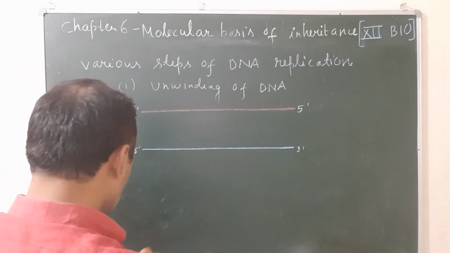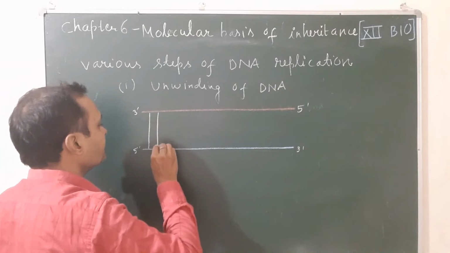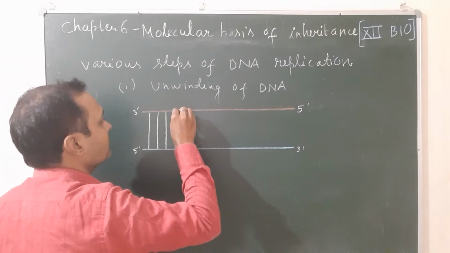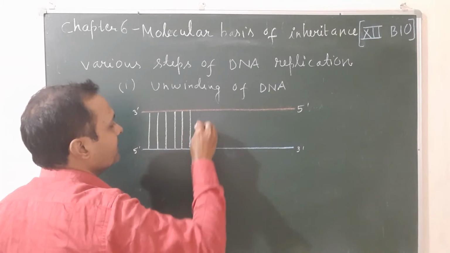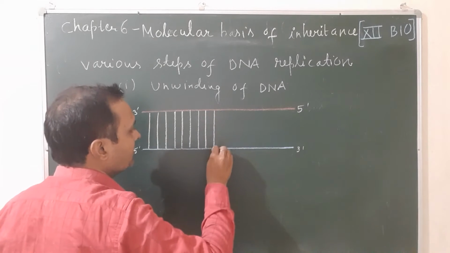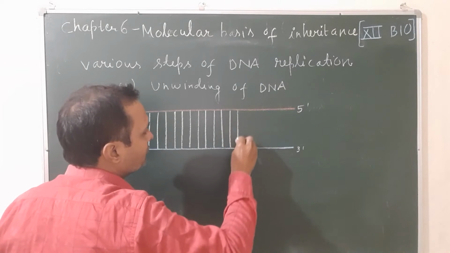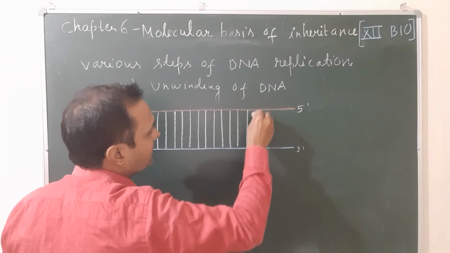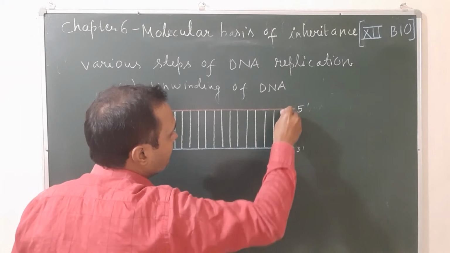Nitrogen bases are present between the 2 strands of DNA, where adenine pairs with thymine and guanine pairs with cytosine. Between adenine and thymine there are 2 hydrogen bonds, and between guanine and cytosine there are 3 hydrogen bonds. Initially it is double stranded.